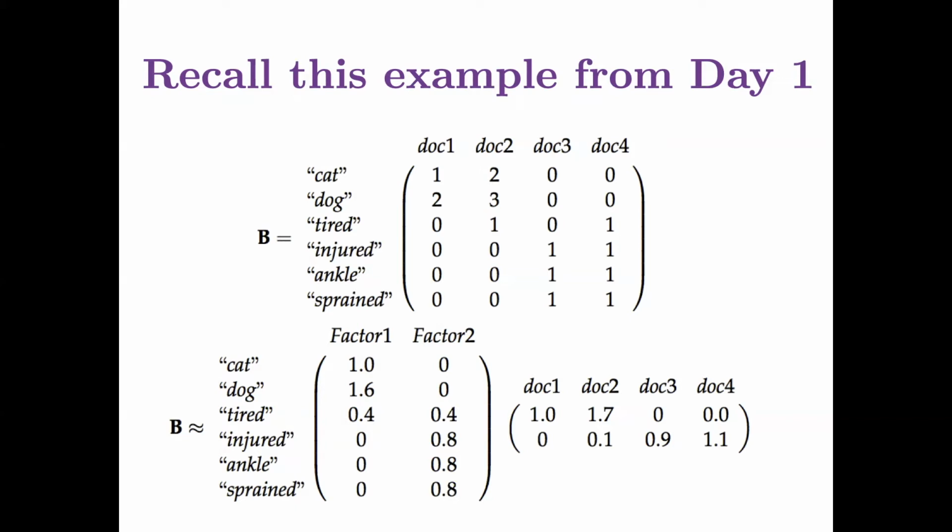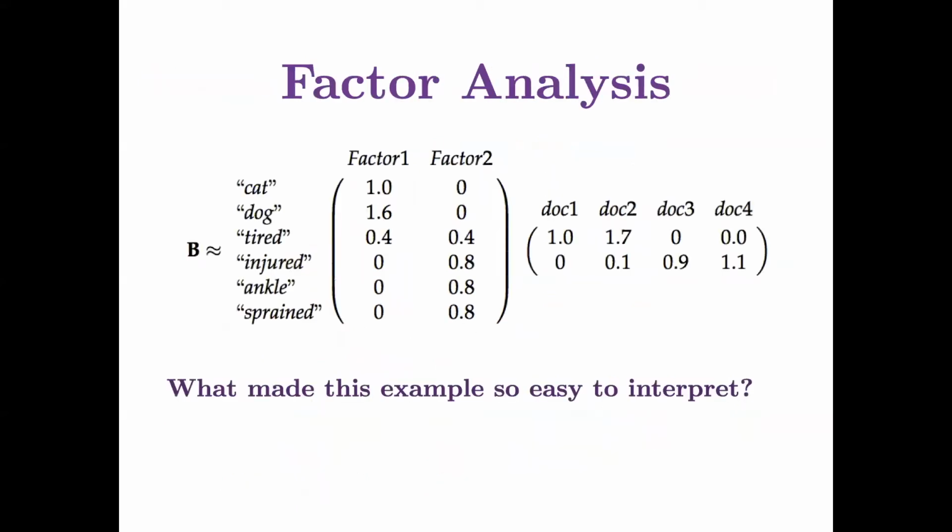And when we got this matrix factorization, which was not principal components, by the way, so don't expect this to look anything like principal components, what we got out were these two factors, and we used these two factors to interpret what our documents were about. And we said, you know, factor one was mostly about pets, factor two looked like it was more about injuries.